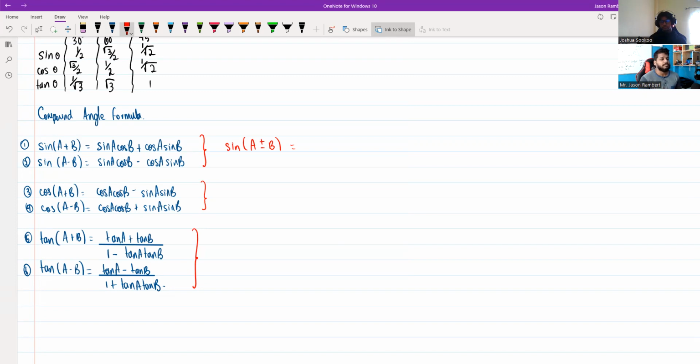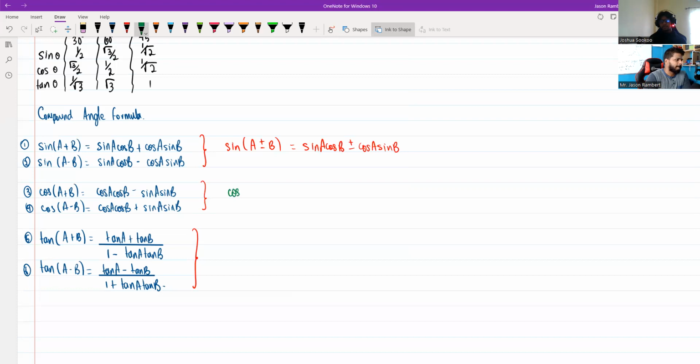For sine of A minus B, I'll use the operation on the bottom. So this is sine A cos B plus or minus cos A sine B. So I've now catered for numbers 1 and 2 combined into one formula, or one identity.